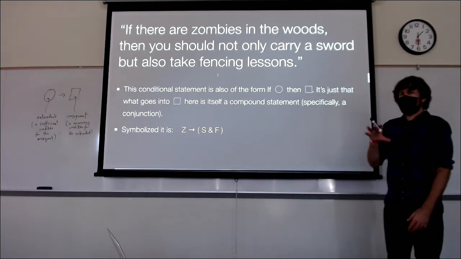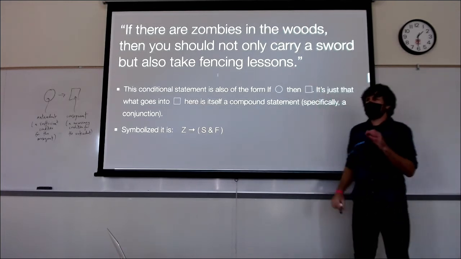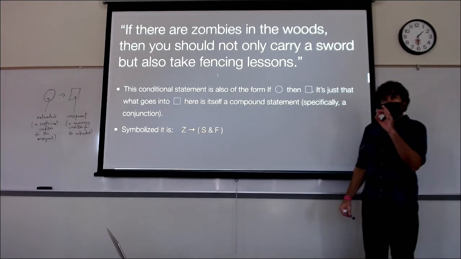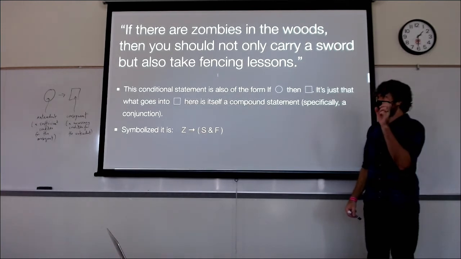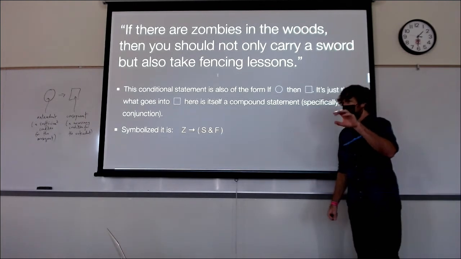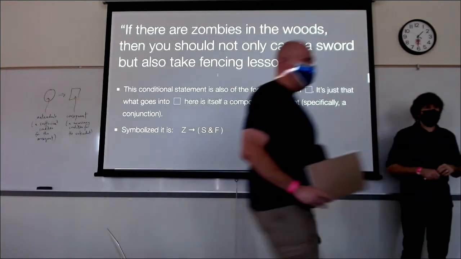So it's really important to look at the meaning of what's said instead of just looking for little words. Does that make sense? Because one word doesn't always mean the same thing. You can't just assume just because there's a not that it's a negation. Okay, so that's a good example of that.